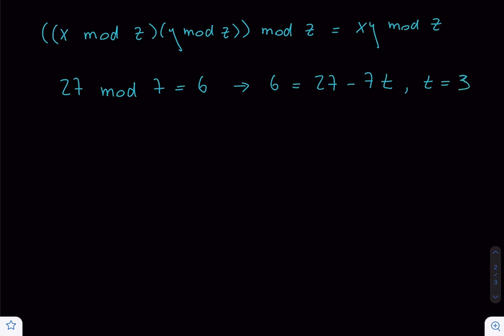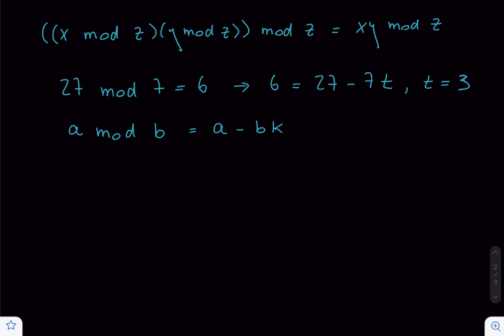Well, we can create this sort of expression for any integer mod another integer. In fact, any a mod b is equal to a minus bk for some integer k.